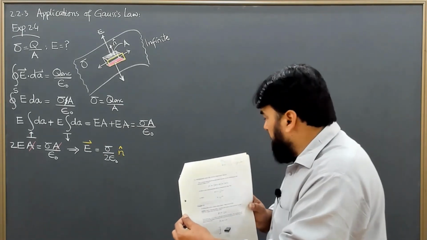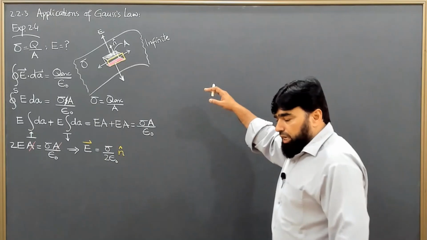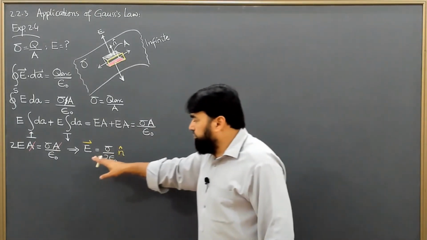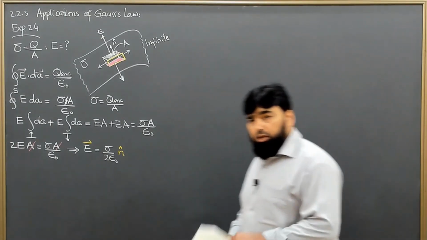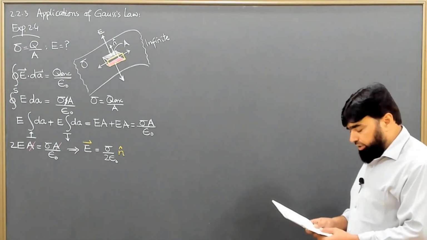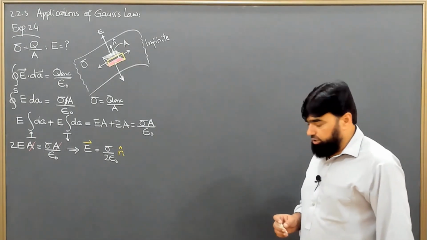As I go away, more and more charges are coming into action, which keeps the electric field the same and not decreasing at all. So that's the reason that we are having a constant electric field.